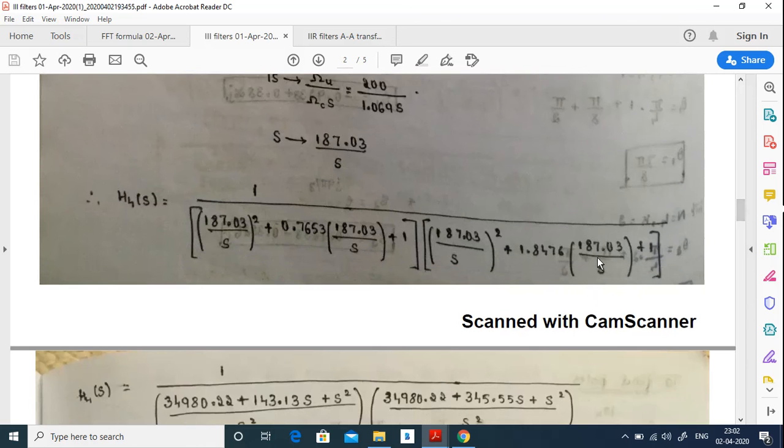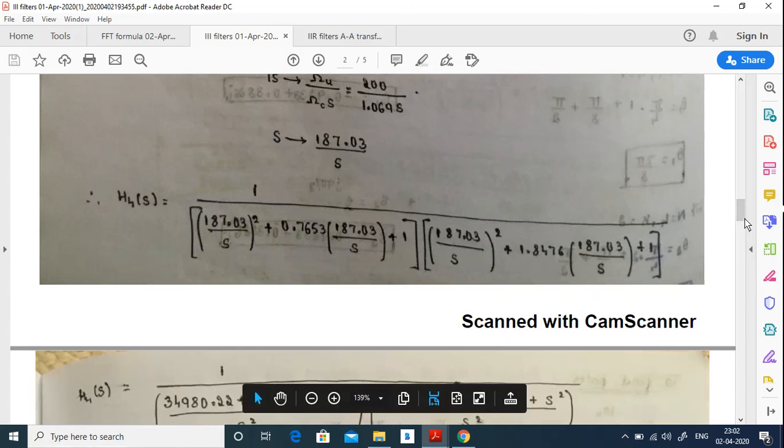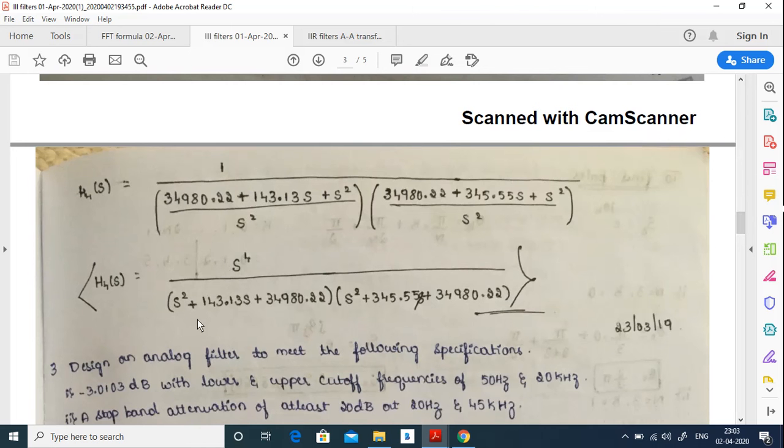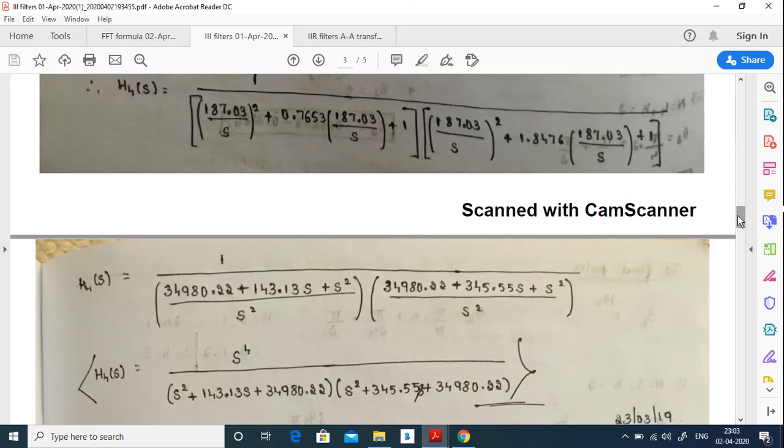So substitute, simplify that further, and you will get back this, that is S4 divided by (S square plus 143.13 S plus 34,980.22) into (S square plus 345.55 S plus 34,980.22).